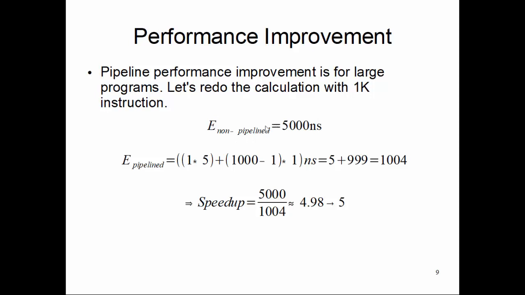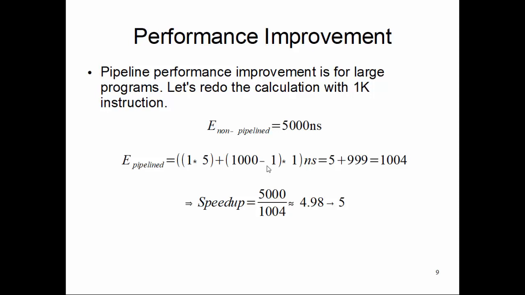In the pipelined structure, 999 of the instructions will be completed one cycle after another, except for the first one. The first one will still take 5 clock cycles. Then after those 5 clock cycles, the next one will take another clock cycle, and the next another. We are talking about balanced pipelining, where we can overlap all of them with no hazard and no interdependency between the instructions.